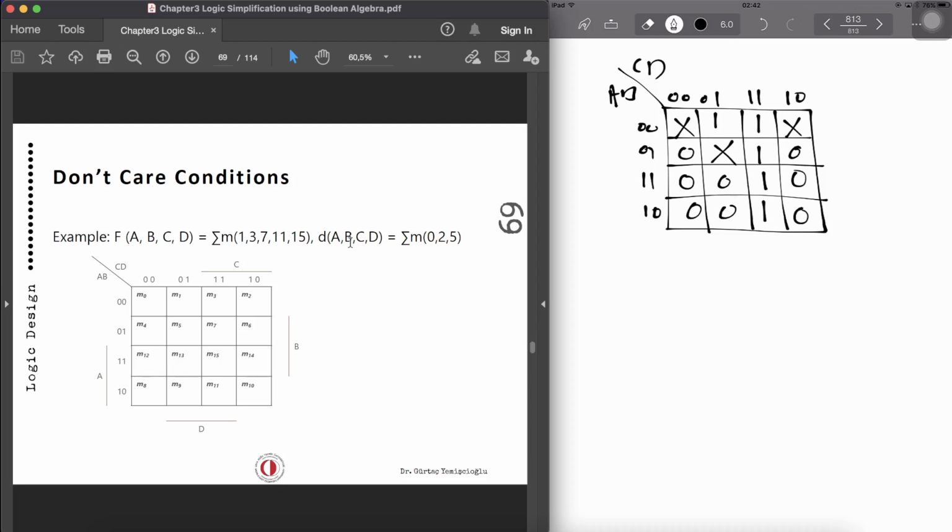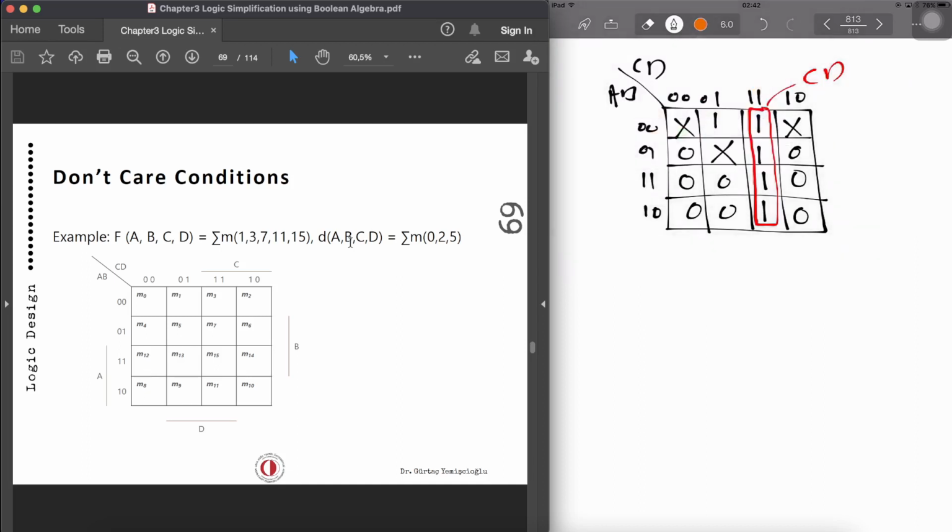Okay, now in order to find both sum of products and products of sum, let's start with SOP. For SOP, I can see this one directly that can be combined, and this is going to be CD.